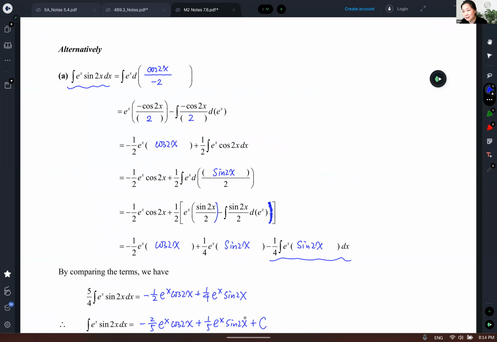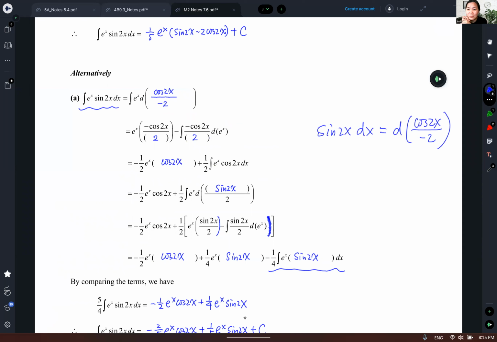And for this one, sine 2x dx equals d cosine 2x divided by -2. If you use either one, it will work. But this is not the case with other questions, though. With other questions, you have to choose a specific one to do first, and then you can solve it.